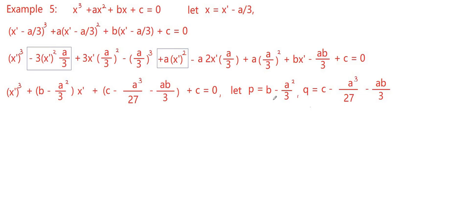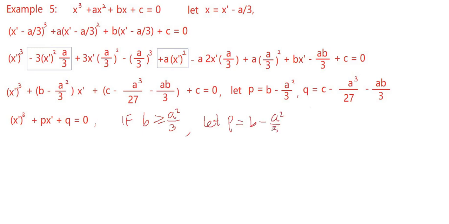We let p equal to b minus a squared divided by 3, and q equal to something. And we get x dot cube plus p x dot plus q equal to 0. Here, if b is greater than a square divided by 3, we set p equal to b minus a square divided by 3, and we use this function.